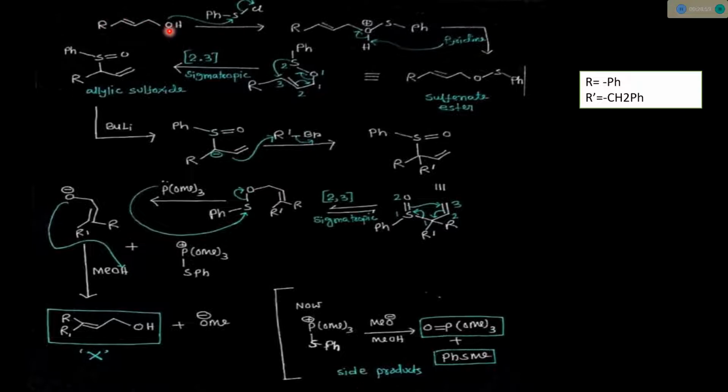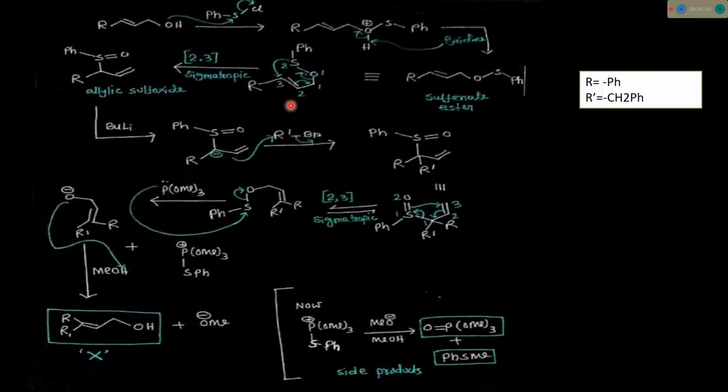So this allylic alcohol will attack this sulfur. This is an electrophile and this is a nucleophile. Now pyridine will abstract this hydrogen, and then we will get a sulfenate ester. Again if you see the functionality, this oxygen and sulfur are 1, 2 if we mark, and this carbon 1, 2, 3.